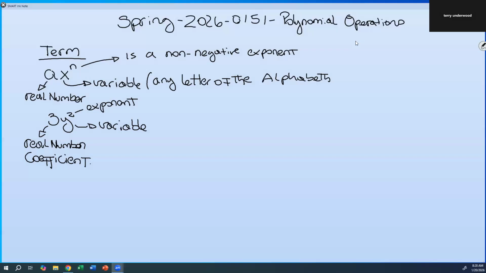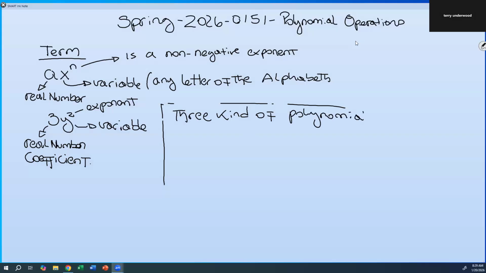So also, let's review four kinds of polynomials.